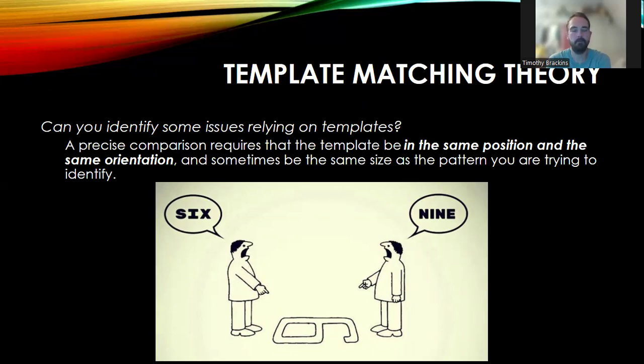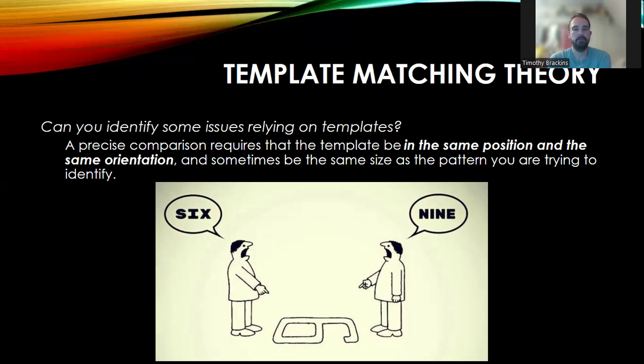And this is not how the real world works. Things are often in different positions, different sizes, different shapes, different orientations. So if we have a template of a 6, and we see it upside down, if we're using template theory, we can't make that determination that it's actually an upside down 6 and a 9.